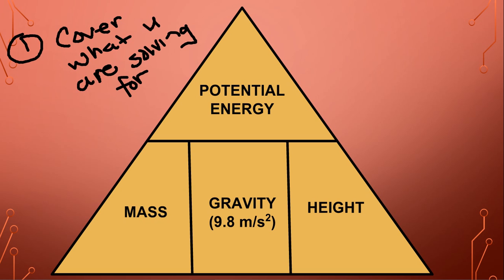So say I was solving for potential energy. I'm going to cover it up, and I'm going to work right across that. Potential energy equals mass times 9.8 times height. That's the equation we had before.